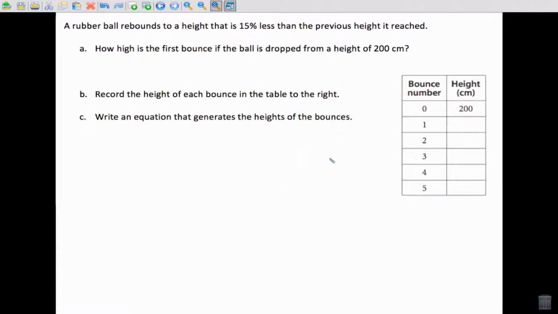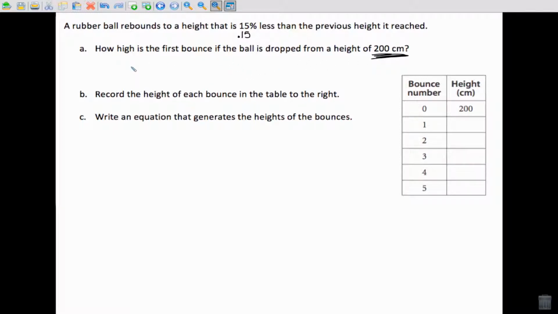So we'll move on to this rubber ball that rebounds to a height that is 15% less, and I'm going to just go ahead and turn that into a decimal. That's 0.15 less than its previous height. Okay, so how high is the first bounce if the ball is dropped from 200 centimeters? Well, 200, that's going to be our starting value.